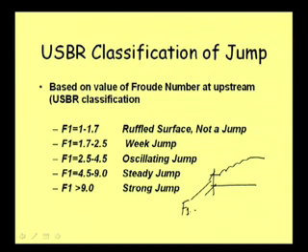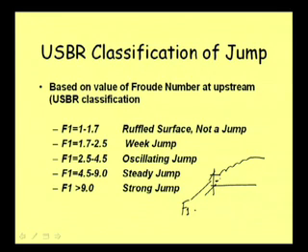Well, they conducted several experiments, and then they could see that the Froude number at upstream should be, or will be, always greater than 1 if we need to have a hydraulic jump.